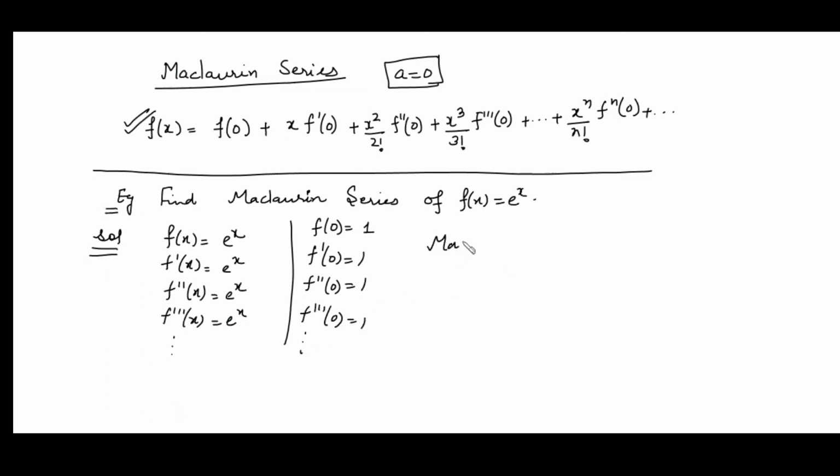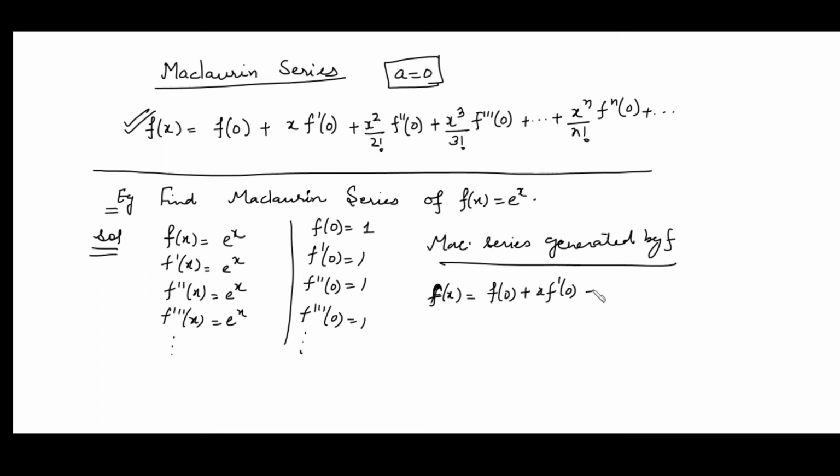So what is the Maclaurin series generated by f? f(x), which is e to the power x, is equal to f at 0 plus x f prime at 0 plus x square by 2 factorial f double prime at 0, and so on. Now you can substitute the values. What is f at 0?